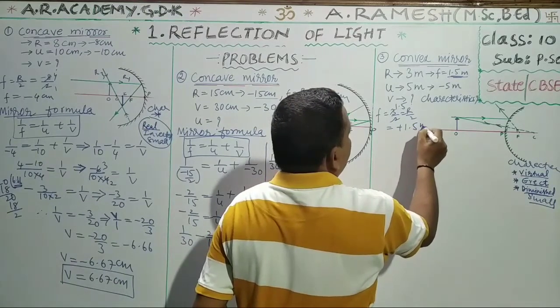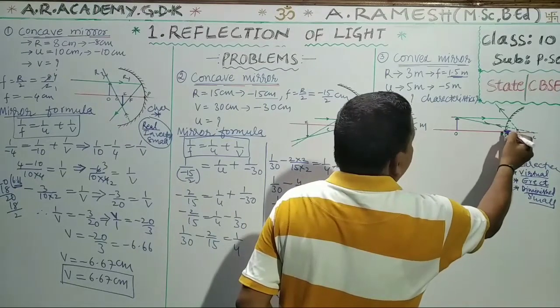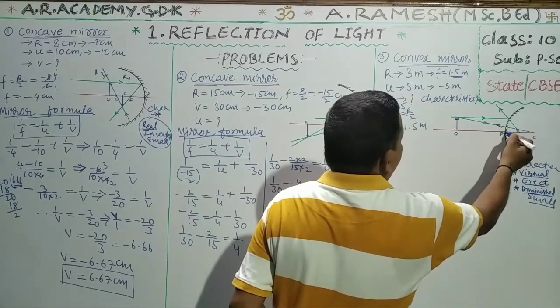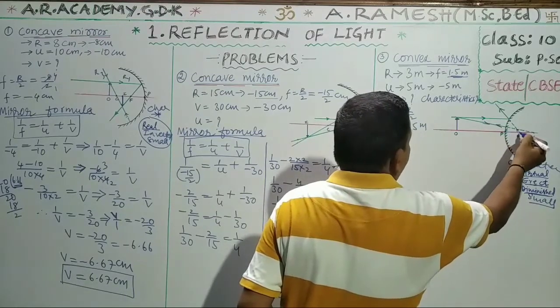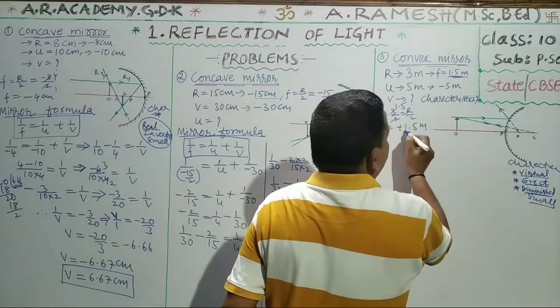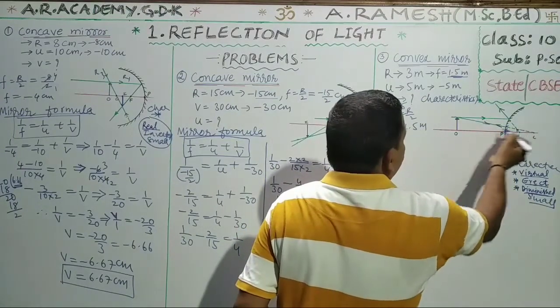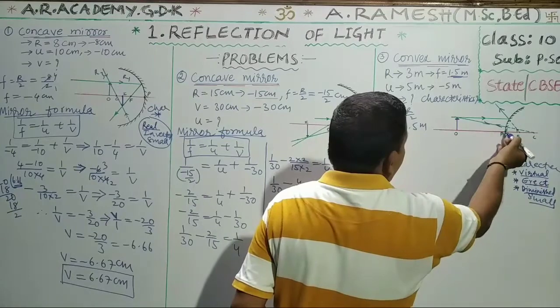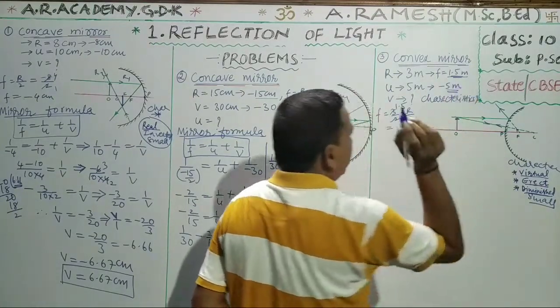Because F is here, and PF distance is F. It is inside the mirror, and from the pole we are measuring in the light direction, so we are taking plus. Opposite to the light direction, as we are measuring the U value, we are taking minus. That you have to remember.